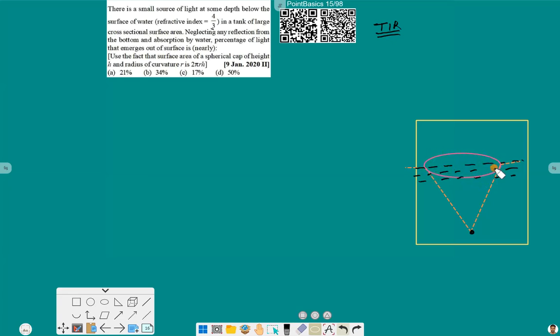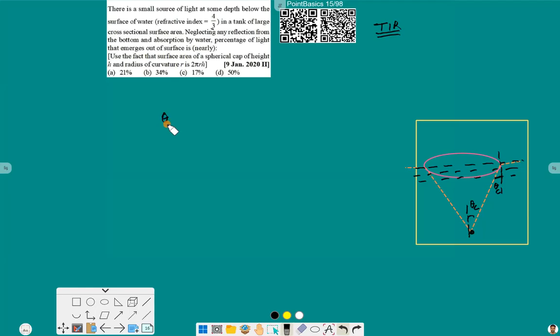So outside of this circle, light will be getting totally internally reflected. And so here, first we will calculate this angle theta. If this is the angle of incidence theta c, after which light will be getting totally internally reflected, so this will also be theta c.